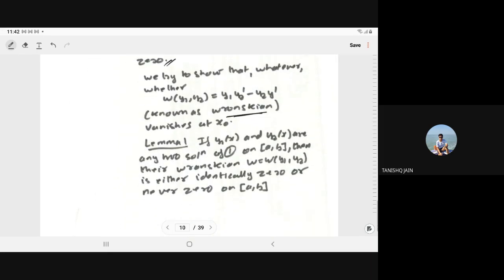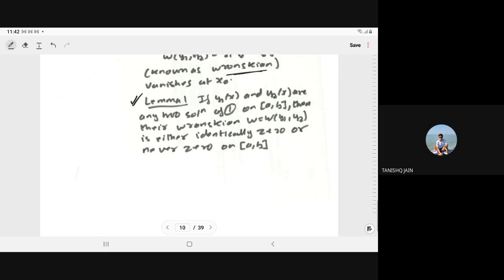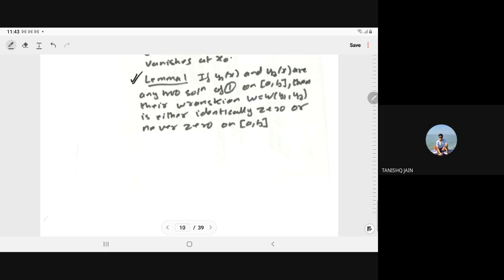For that we have the first lemma. The first lemma is: if y1 and y2 are any two solutions of the first-order equation on the closed interval AB, then their Wronskian W is either identically zero or never zero on the closed interval AB.